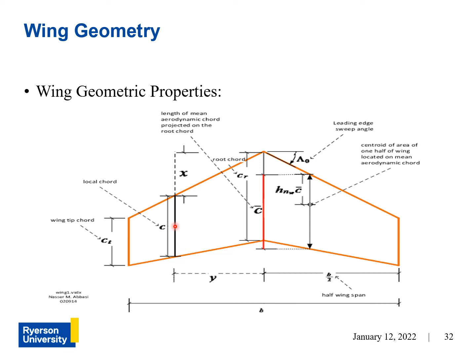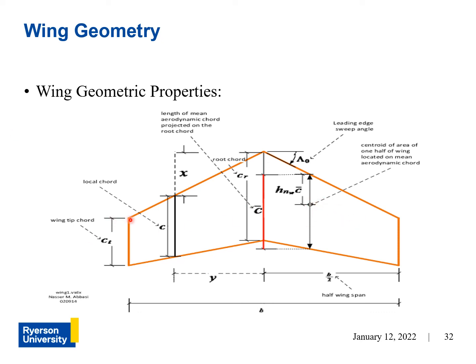And for the wingspan, the wingspan is denoted by the letter b, and it extends from tip to tip. That's your wingspan. And your half wingspan, b over 2, is just the distance between the tip and the root.